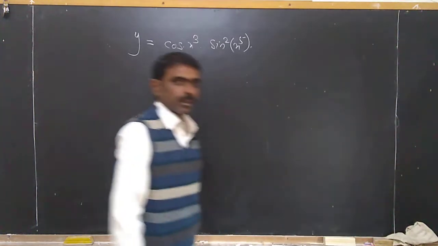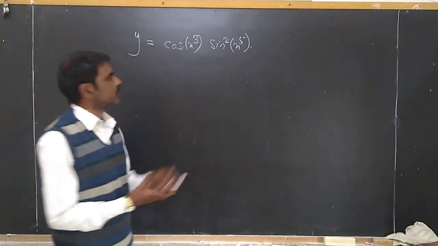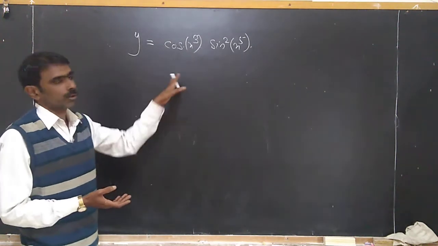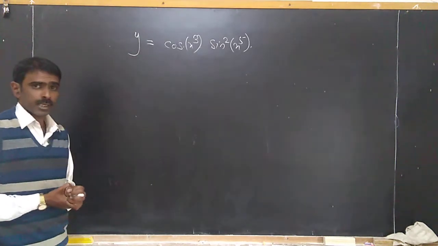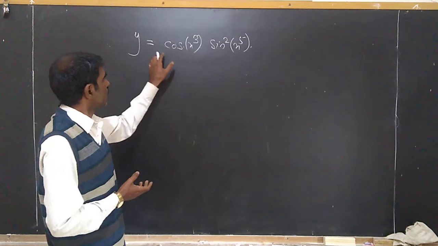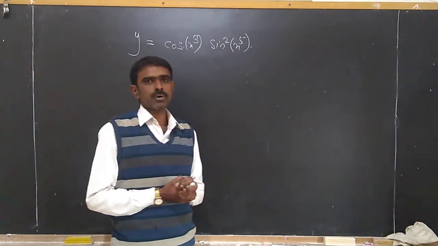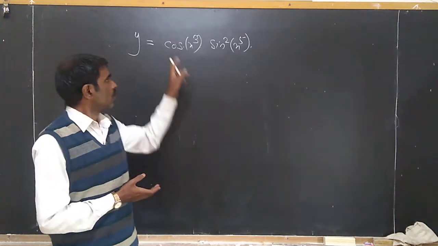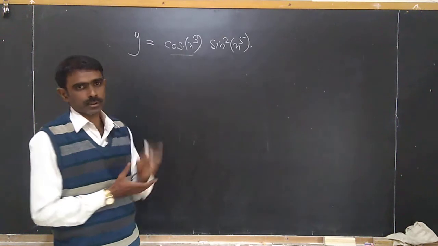So here I first have to apply the product rule differentiation and then the chain rule differentiation. In this example, it is the product of two functions, cos of x cube and sine square of x raised to 5. In cos of x cube, remember, it is just a function of a function.